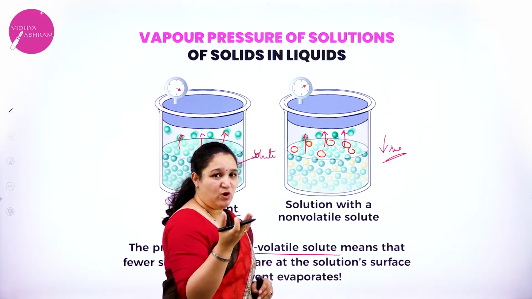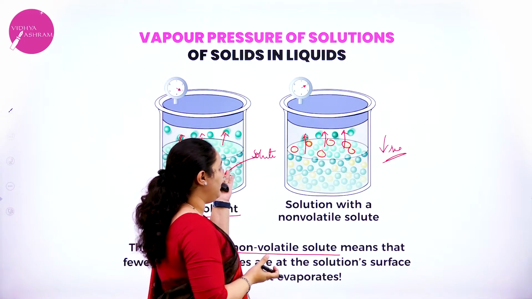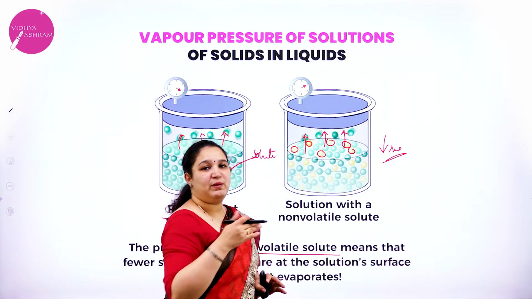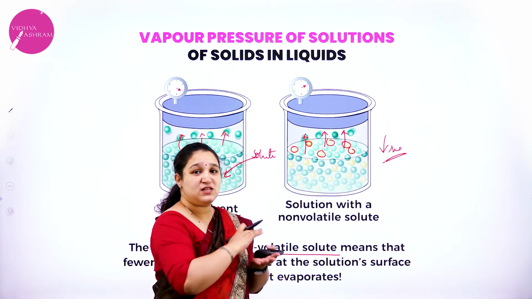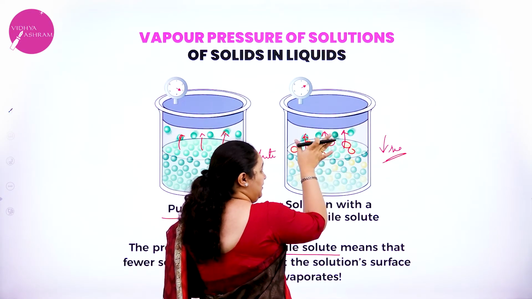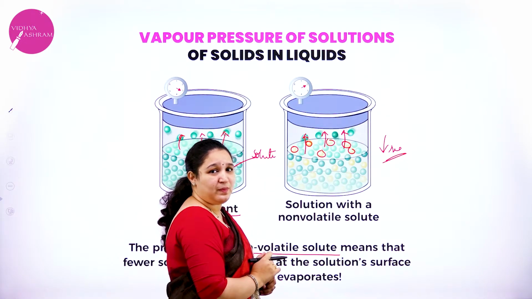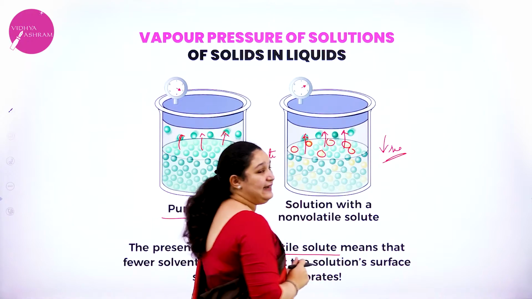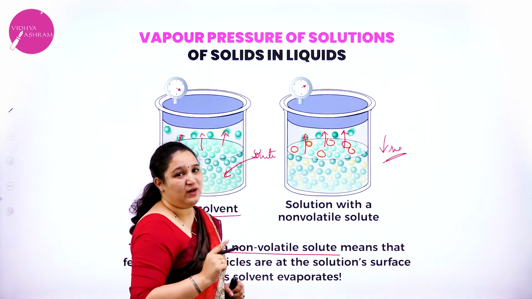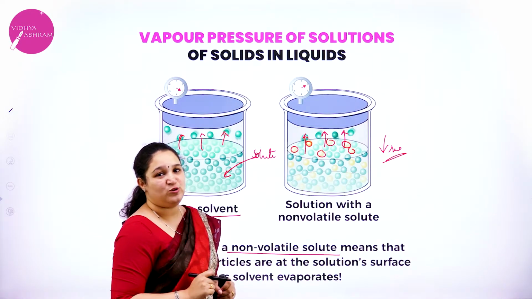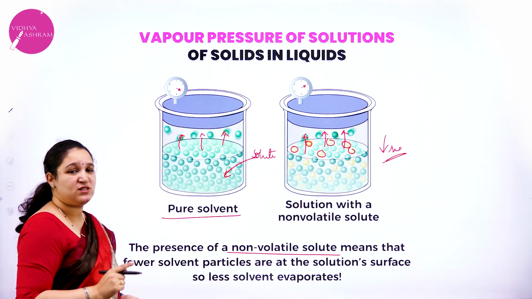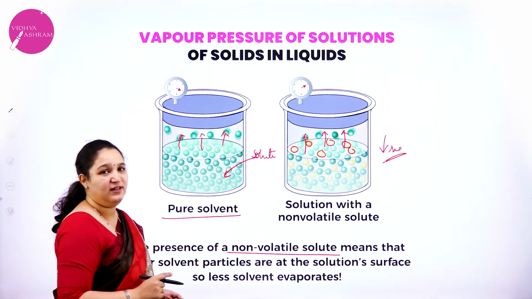So for evaporation, the surface area available for pure solvent decreased when solute is added, because of which vapor pressure also decreases. Because the surface area is covered by the solute particles also there, the vapor pressure decreased when a non-volatile solute is added to a volatile solvent to form the solution. So I hope you have understood about the vapor pressure of solutions of solid in a liquid.